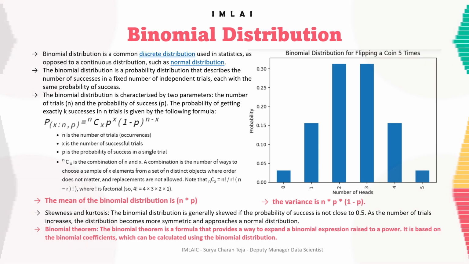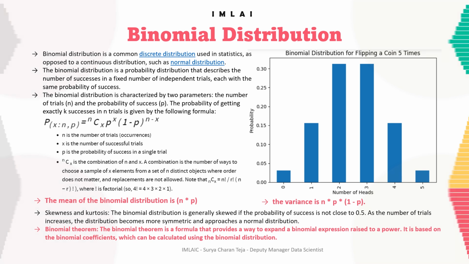Put in the simplest way, the binomial distribution is widely used in fields such as biology, finance and engineering to model the probability of success in a fixed number of trials. In summary, it describes the number of successes in a fixed number of independent trials, each with the same probability of success.